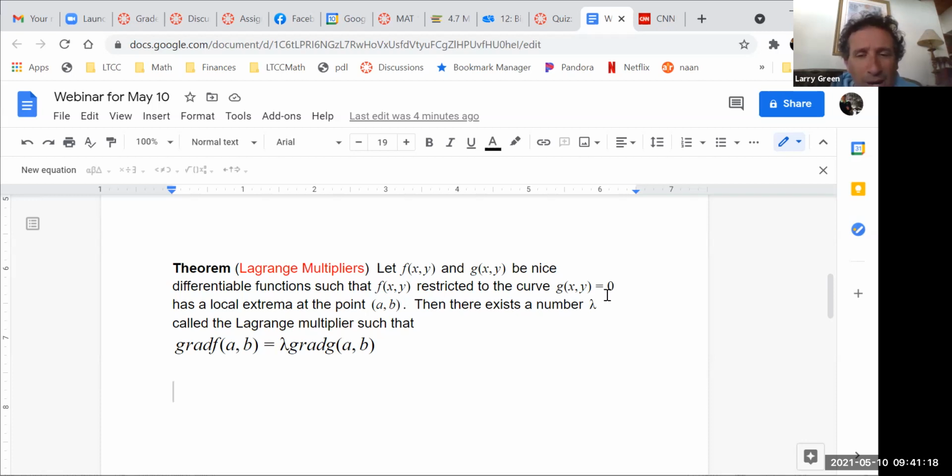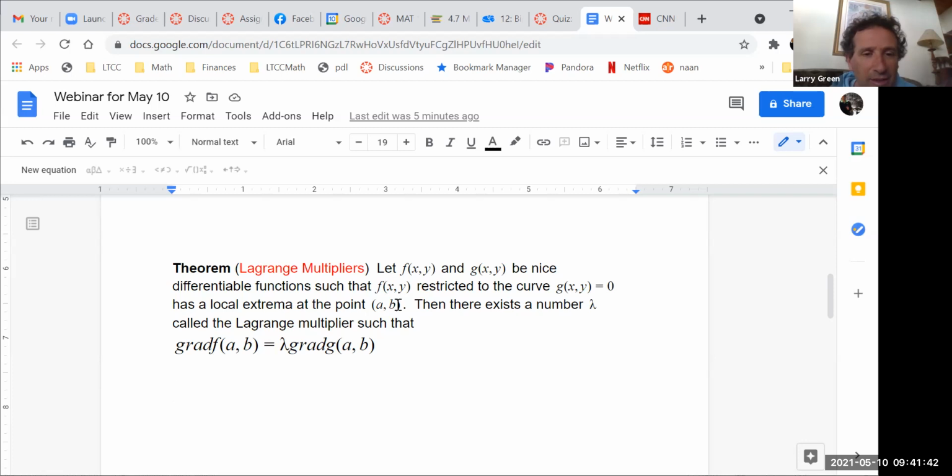Solving for y in terms of x is often miserable, whereas grad f of (a, b) equals lambda grad g of (a, b) is usually not too bad. So typically, I'd say 90% of the time that you can use Lagrange multipliers, you want to use Lagrange multipliers. And the other 10%, you just do the substitution thing.